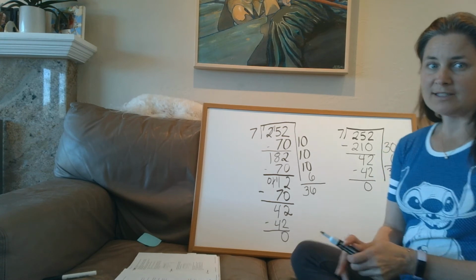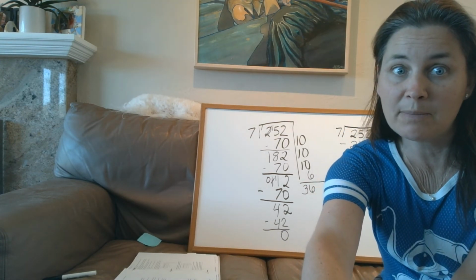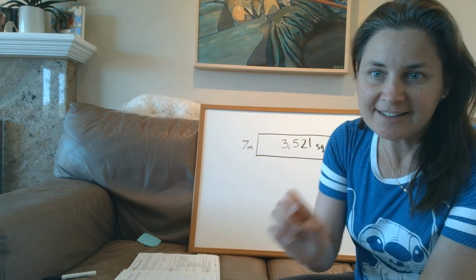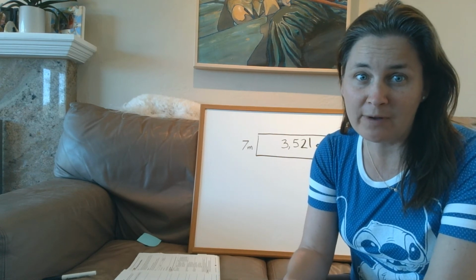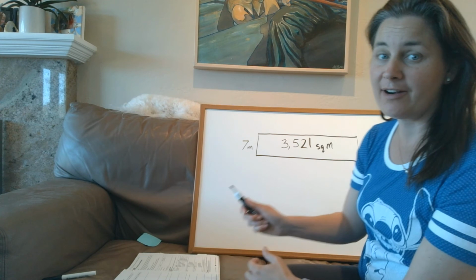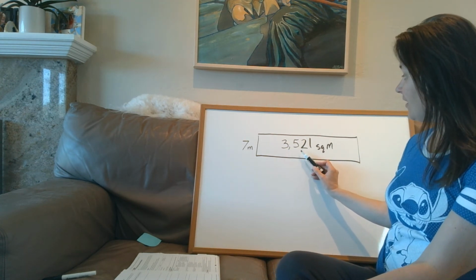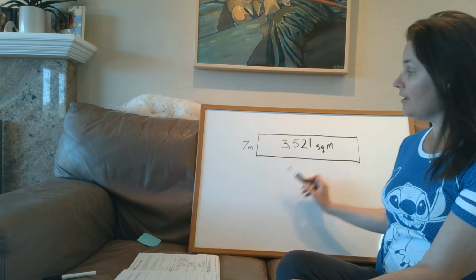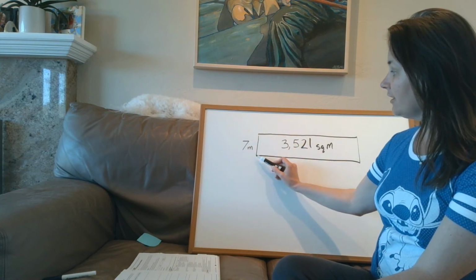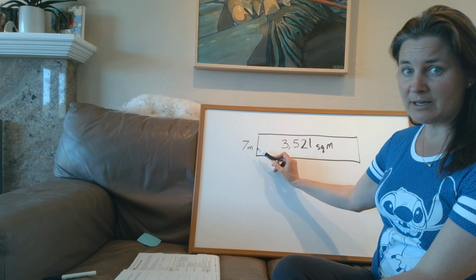All right, I'm going to pause it again so I can erase, and we're going to do another bigger one. Okay, I told you we were going bigger. So this time, our area on the inside is 3,521. This dimension over here is 7 meters.